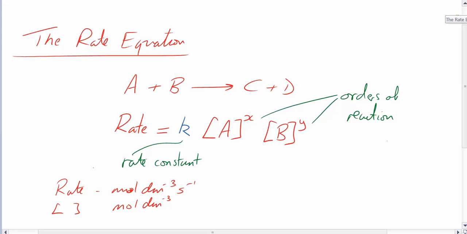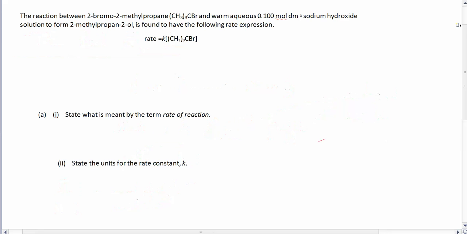So let's have a look at a very simple question to start off with. Here we've got a nice little question. The reaction between 2-bromo-2-methylpropane and warm aqueous 0.1 molar sodium hydroxide solution forms 2-methylpropan-2-ol. So what we've got here is (CH3)3CBr.